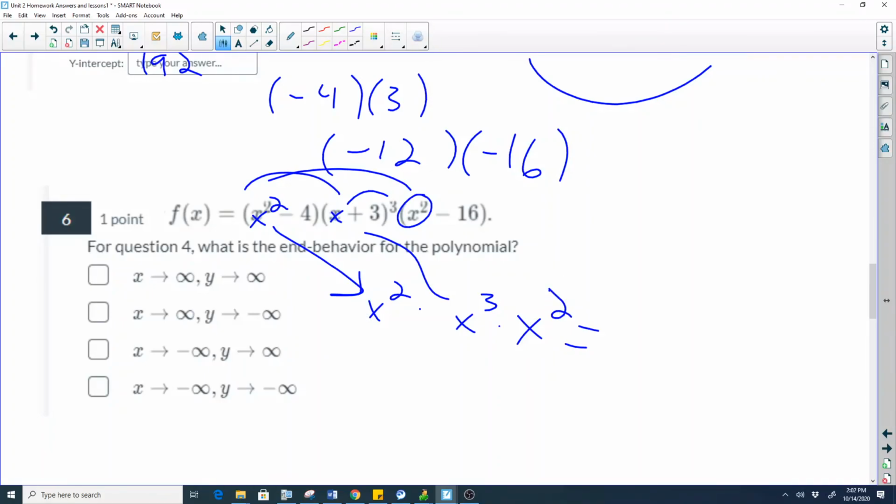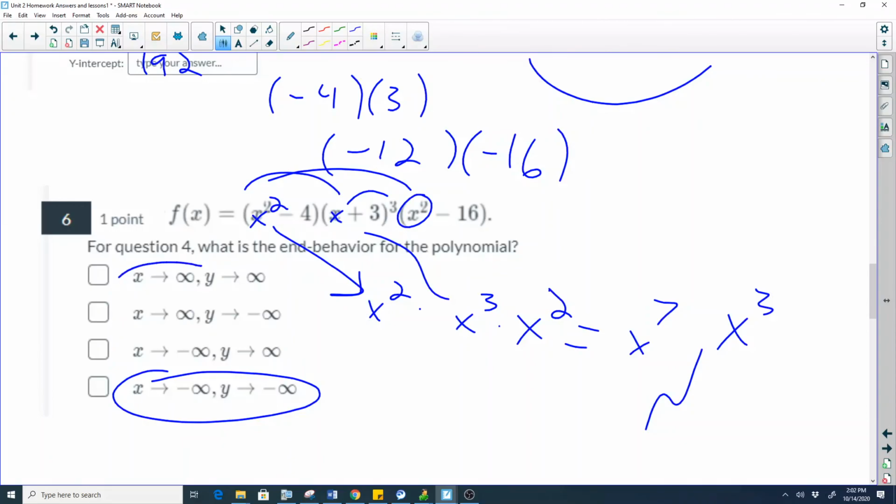So you end up with squared, third power, second power, add them all up. So what's that, 7? And so 7 is just like x to the third power. It's odd, and it's going to go in opposite directions. So that means as we go to the left, negative infinity, y is going to go to negative infinity. And as we go to the right, upwards to positive infinity.